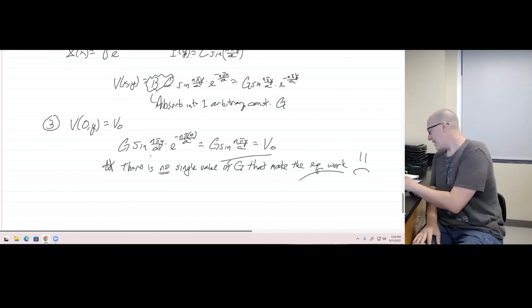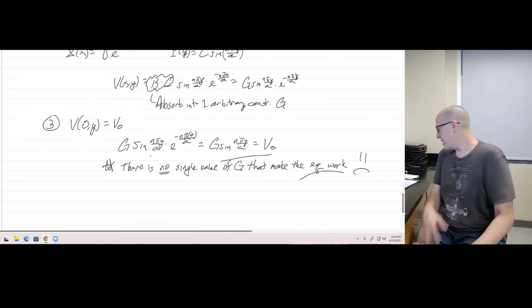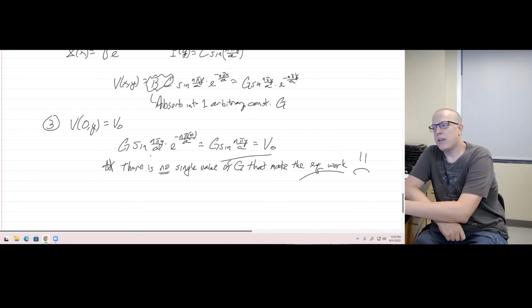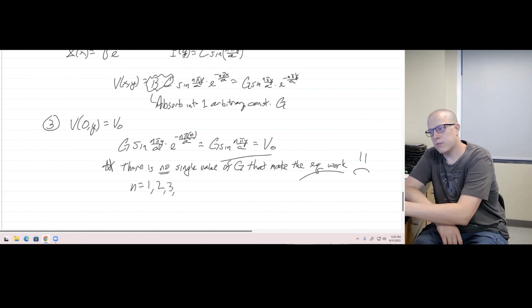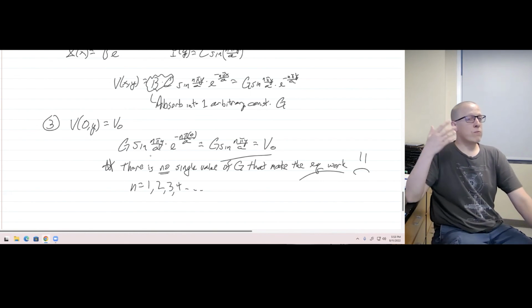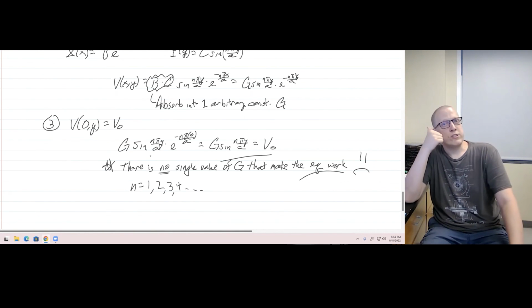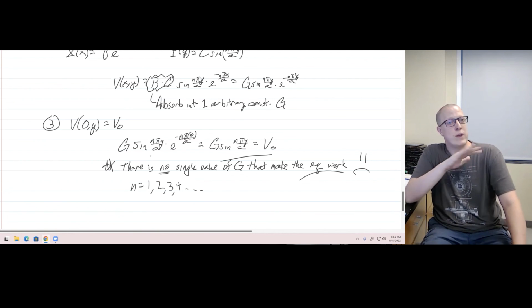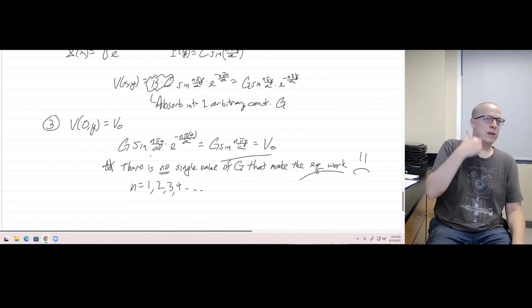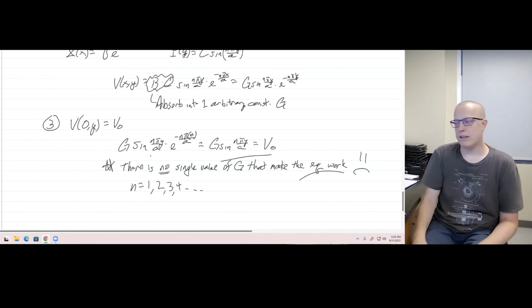So instead, we have to make an adjustment. Remember, n has all these values, 1, 2, 3, 4, et cetera, right? And so in actuality, we don't just have one solution, we have infinite solutions, right? We have the solution where n is equal to 1. We have the solution where n is equal to 2, 3, 4, 5, et cetera, all the way down the line.